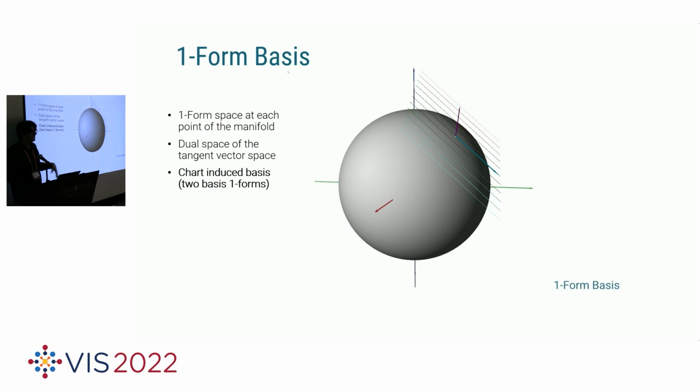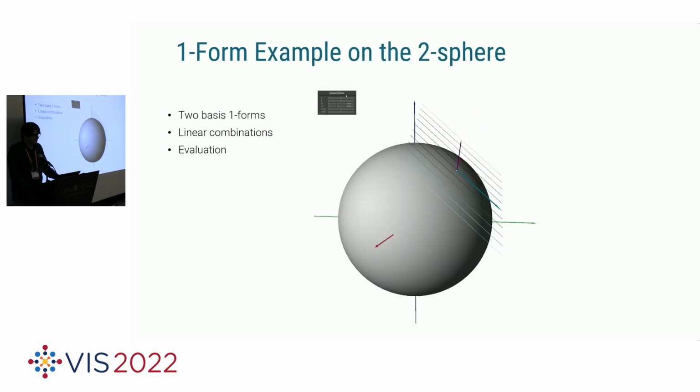Okay, so this would be the second basis one form. And now, of course, because this is a linear space, it's a vector space, we can do linear combinations of these one forms, just like with the vectors. So here I show an example. You don't have to worry about this tiny user interface here, but basically I can now input components and make linear combinations of one forms and vectors.